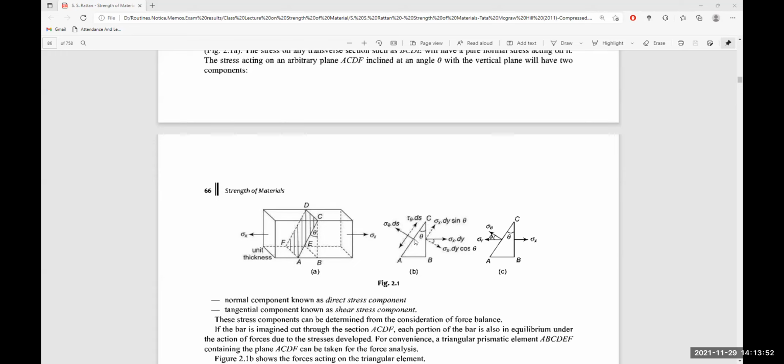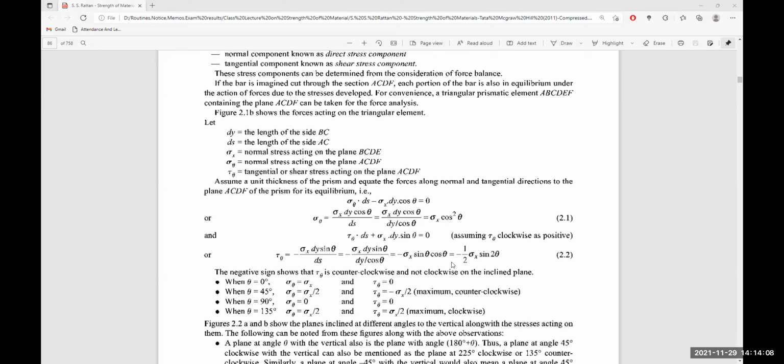We have calculated both, and sigma theta is equal to sigma x cos squared theta, and tau theta is equal to minus half sigma x sine 2 theta, where sigma x is the longitudinal stress, which is tensile in nature, and theta is the angle of inclination of the plane AC with the normal plane BC.